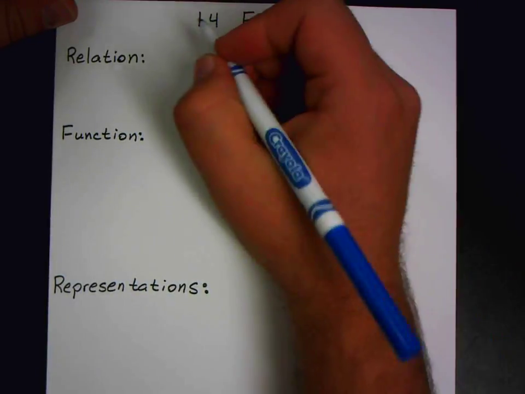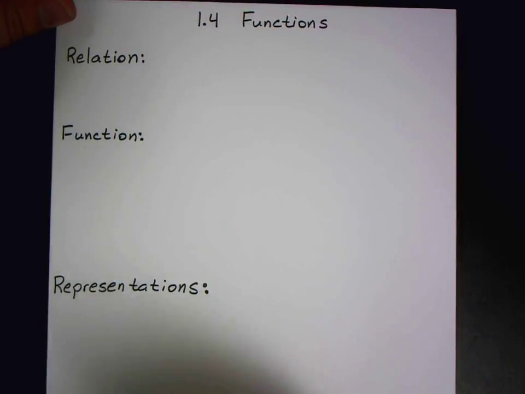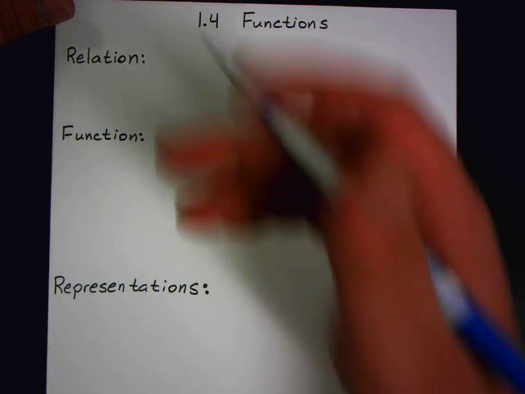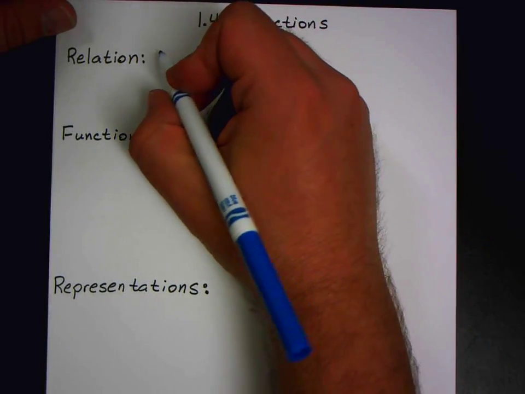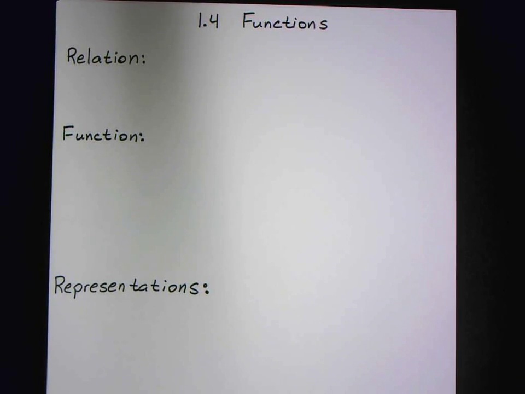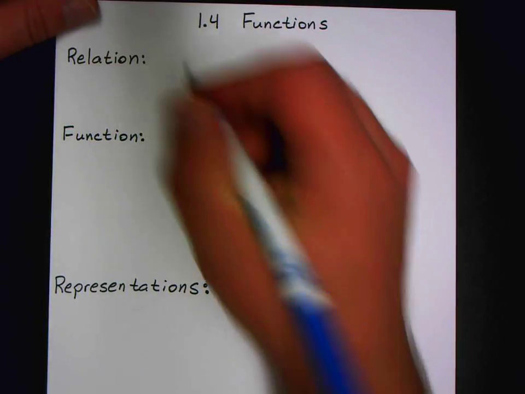All right, so start with a relation. A lot of this is going to be definition, so not going to be a whole lot of actual work to it. I like how your book words relation. It's a rule of correspondence.